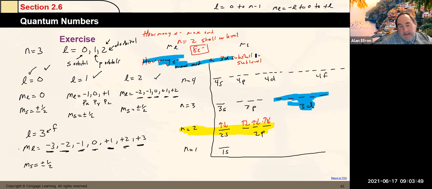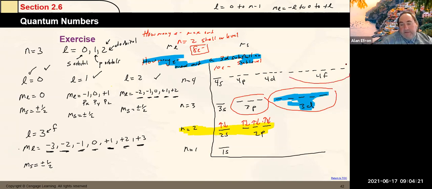If we filled all that up, it would be 2, 4, 6, 8, and 10 electrons. So shell or level means every single orbital that you find on that entire energy level. Subshell or sublevel refers to a set of d orbitals, a set of p orbitals, an s orbital, or a set of f orbitals. All those together would be a subshell or sublevel.